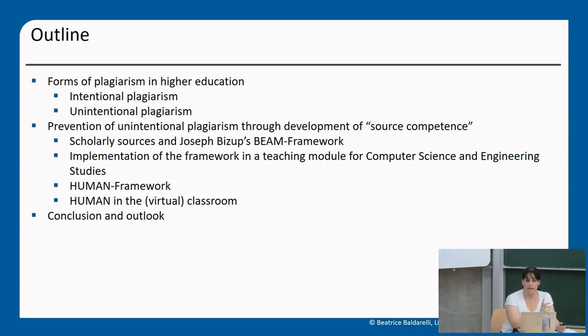I will show how we adapted and implemented Joseph Bizup's BEAM framework in a teaching module for computer science and engineering students in order to provide them with the source competence needed to actively avoid unintentional plagiarism. At the end, I will draw our conclusions and give a short outlook on the further development of our project.